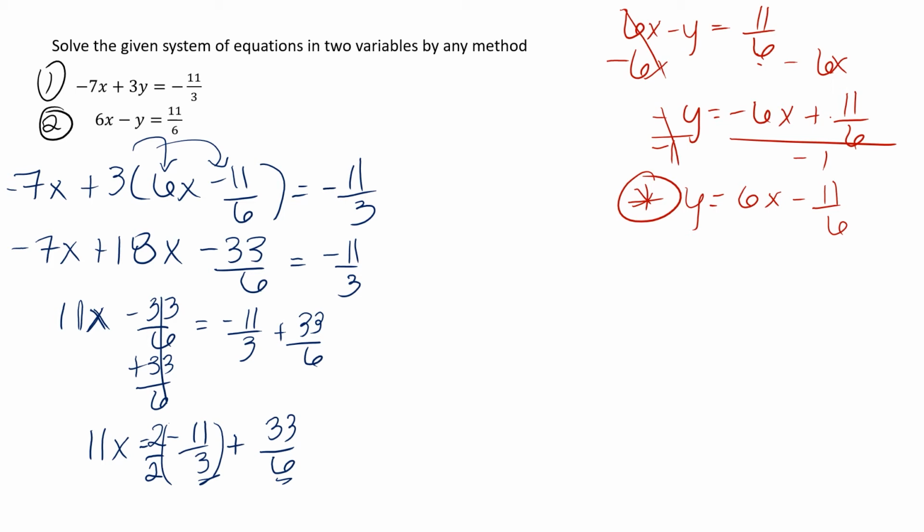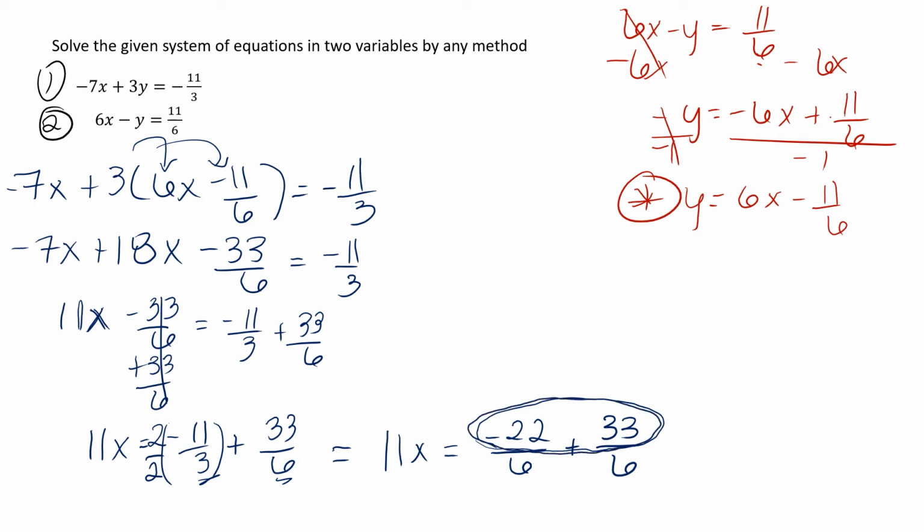So now I get 11x equals negative 22 over 6 plus 33 over 6. And now, since the denominators are the same, I'm just going to do the operation on top. Right, so negative 22 plus 33, I get positive 11.